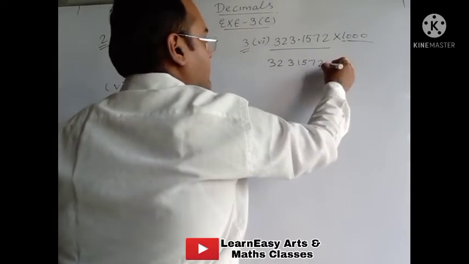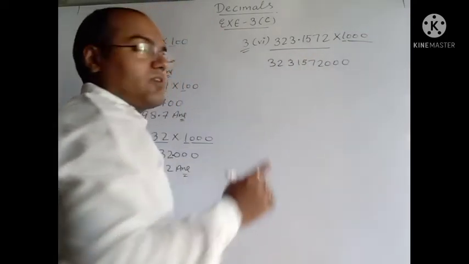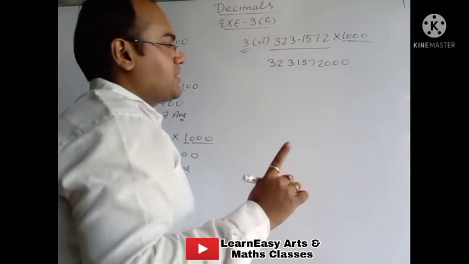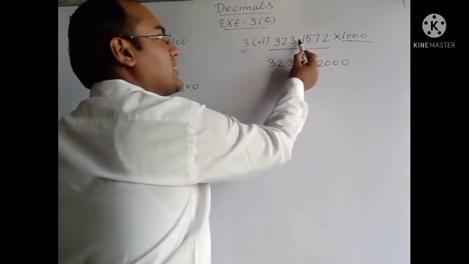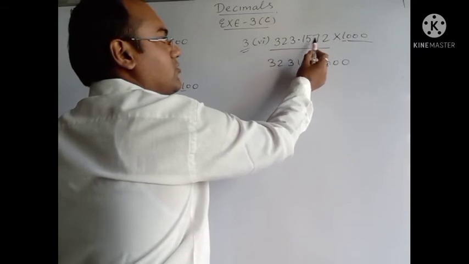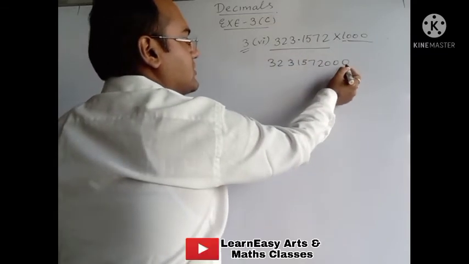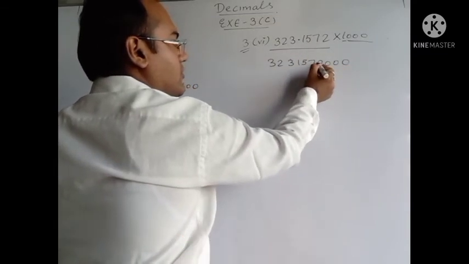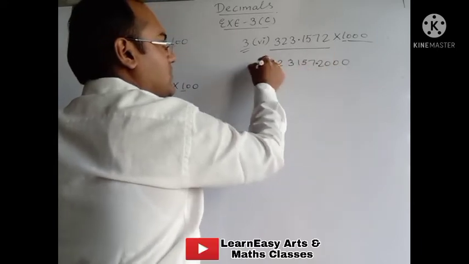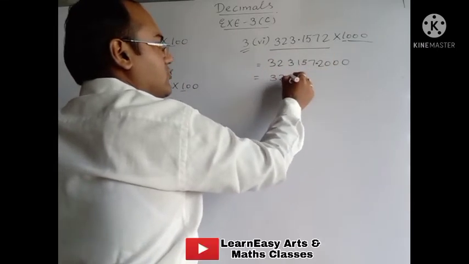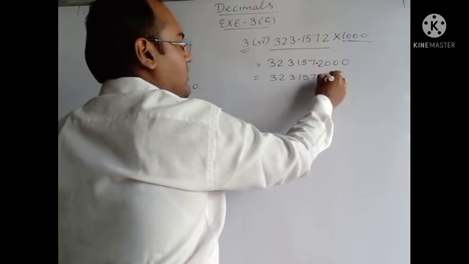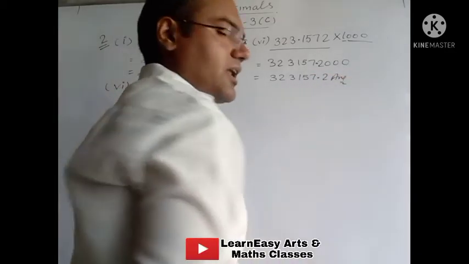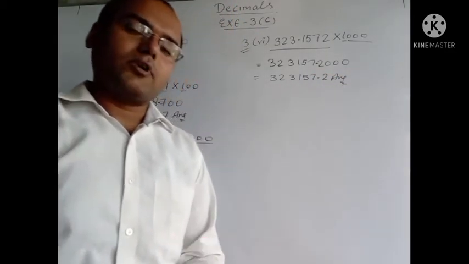Last three 0s we have to write at last. Now we have to count the digits after the decimal. After the decimal, how many digits are coming? 1, 2, 3, 4. So from the last 1, 2, 3, 4. Before 4 digit we will put the decimal. So final answer is 323,157.2. So this is your final answer of third question, part number 6.